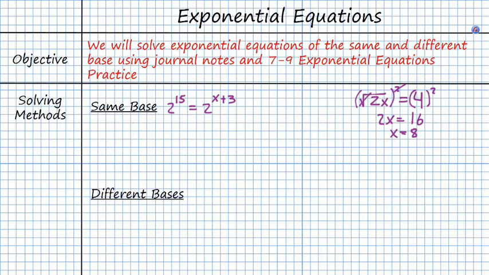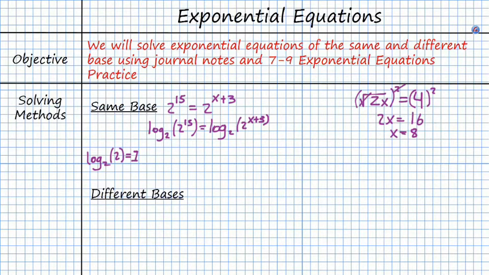So we have something of the same base. If I take a logarithm of each side, it's equal to log of 2 to the x plus 3. Well, we know that the log base 2 of 2 is equal to 1, which is very nice for getting rid of my base.